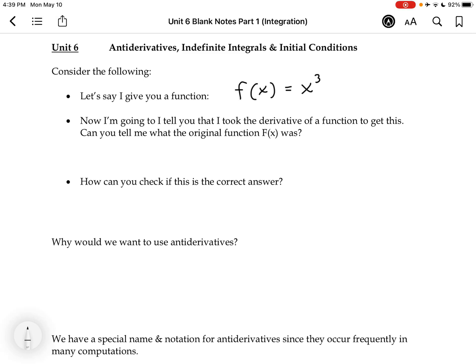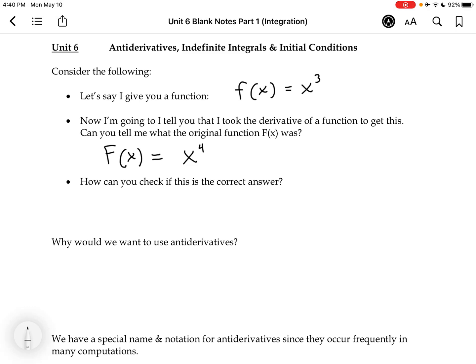Well, we know from the power rule that if you're taking a derivative, the exponent goes down by 1. So that's one thing we know. I'm going to call this original function capital F of x. It would have had to have an x to the 4 in it. The other thing we know is that when we take a derivative, this 4 would have had to come out in front.